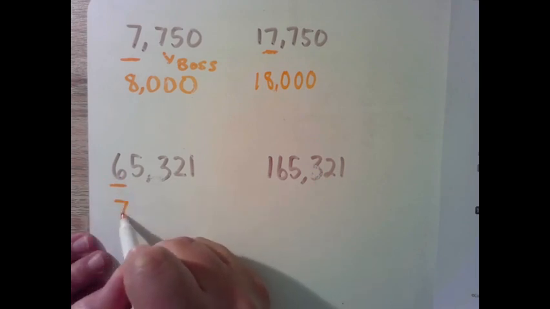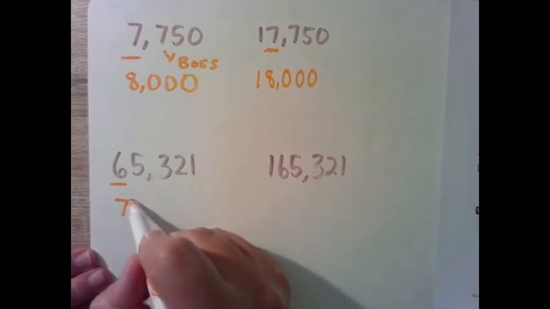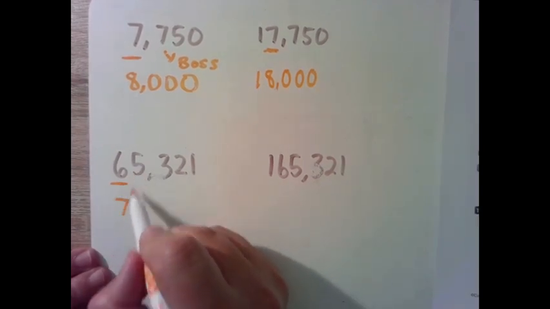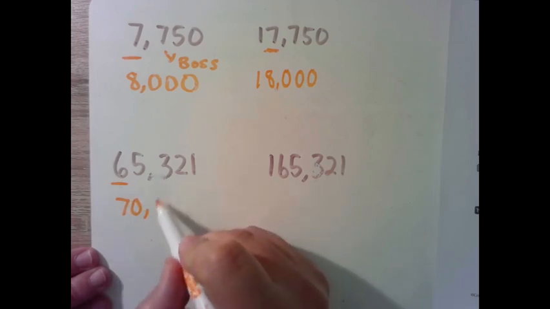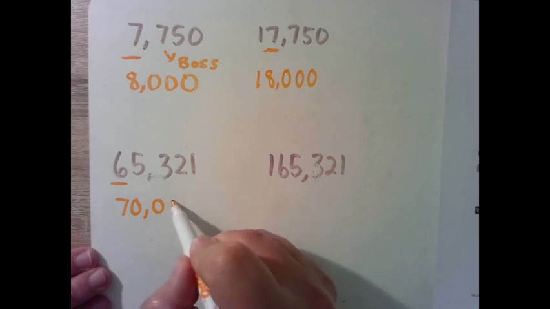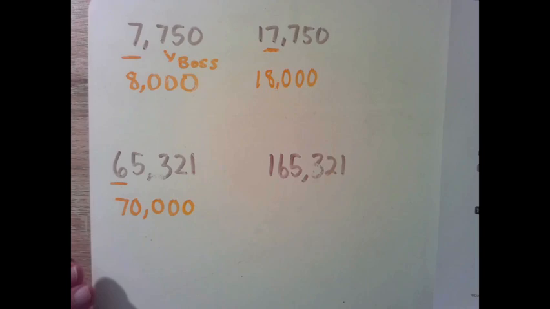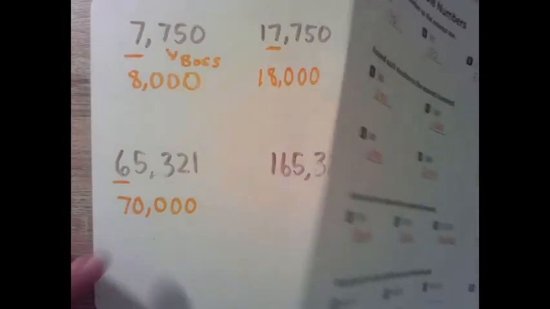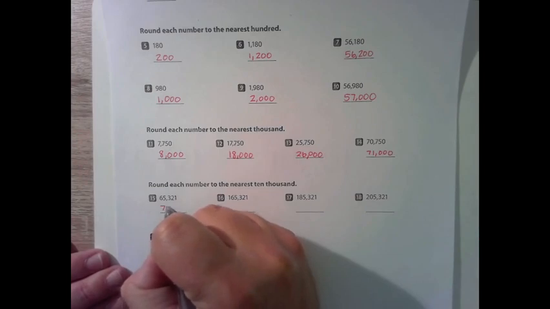Everything after the stop sign becomes 0. So this 5 becomes a 0. We rewrite the comma. The 3 becomes a 0, the 2 becomes a 0, and the 1 becomes a 0. So now we have our answer of 75,000. Sorry, 70,000, not 75,000. 70,000.